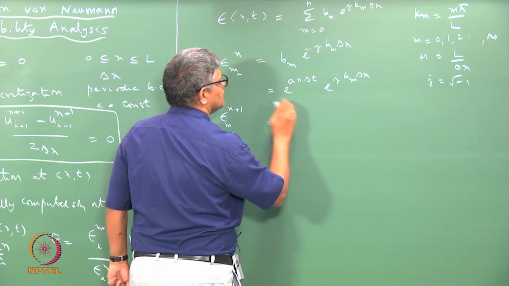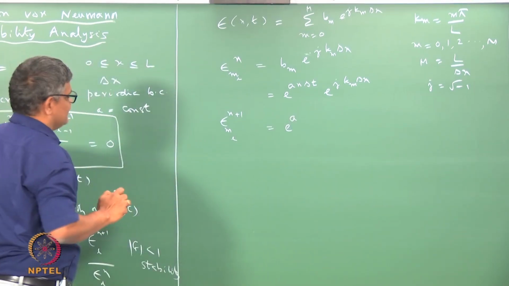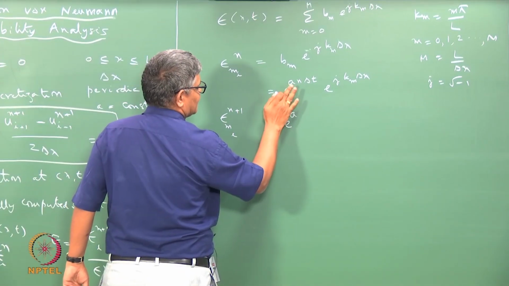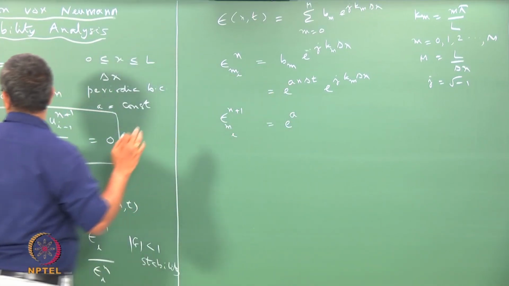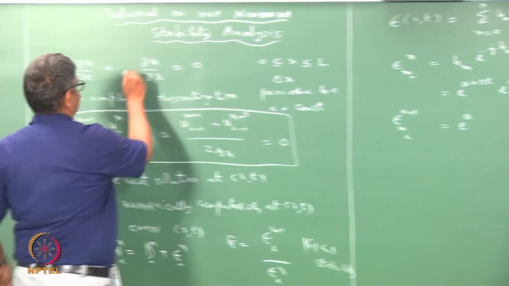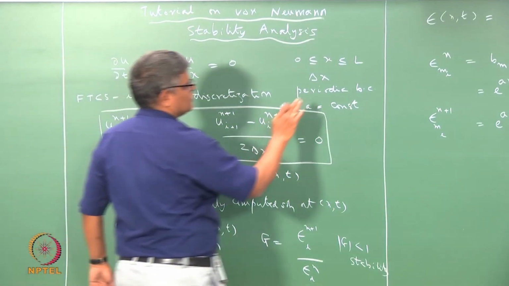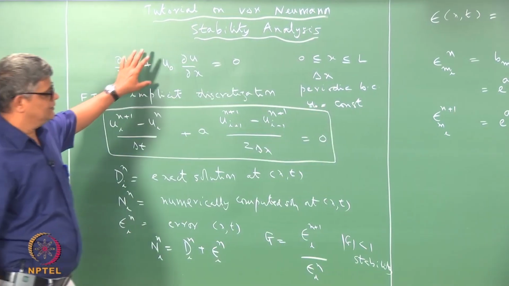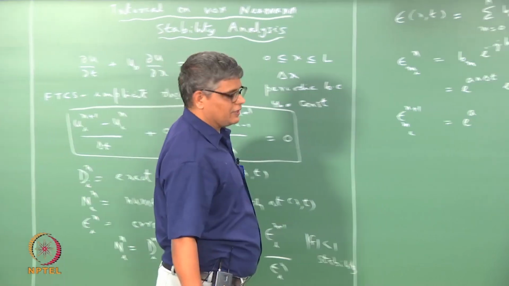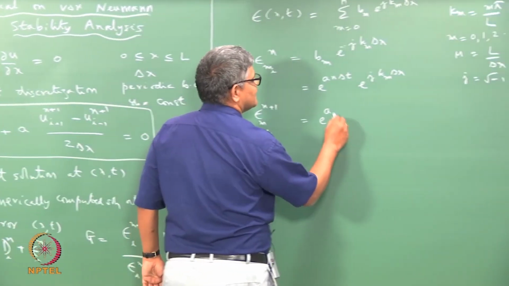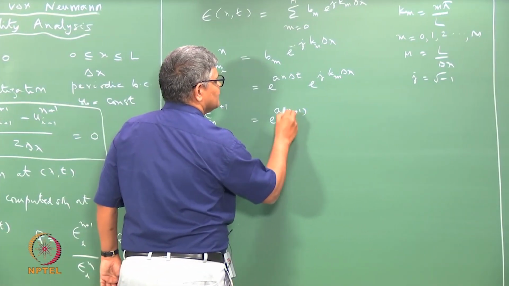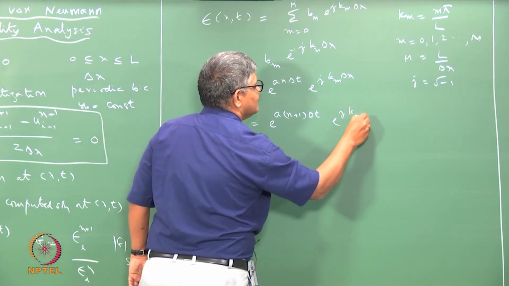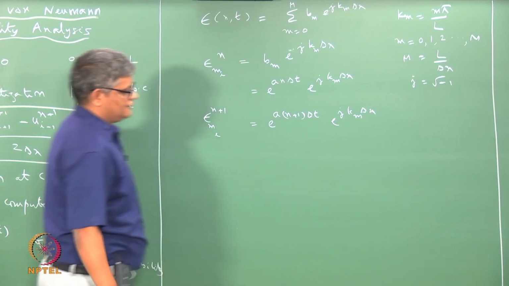a times, no, we have already used a here. Let's change this, it's easier, as u naught. In a way, it's a linearized convection term. So we can retain this n plus 1 times delta t, j km delta x here.